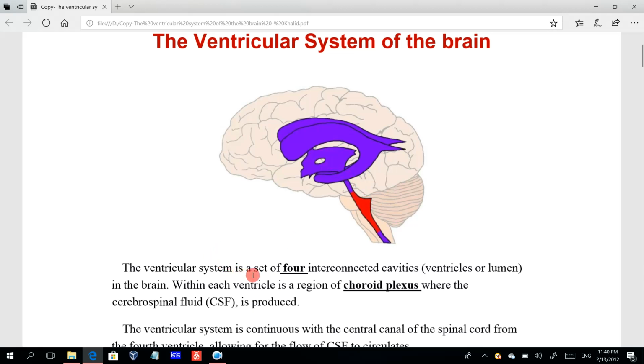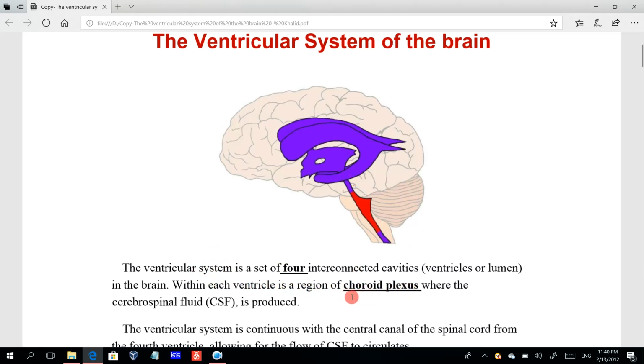The ventricular system is a set of four interconnected cavities. They are connected to each other through special foramina. Within each ventricle is a region of choroid plexus.